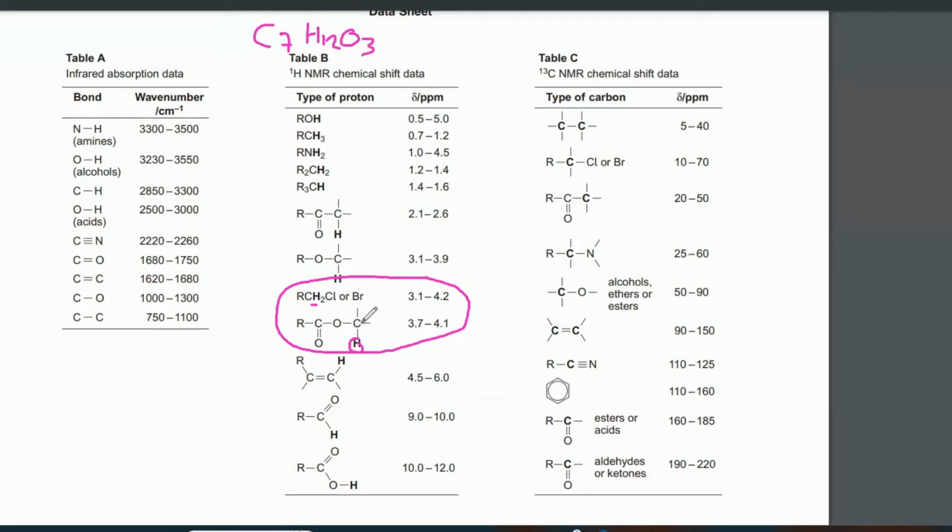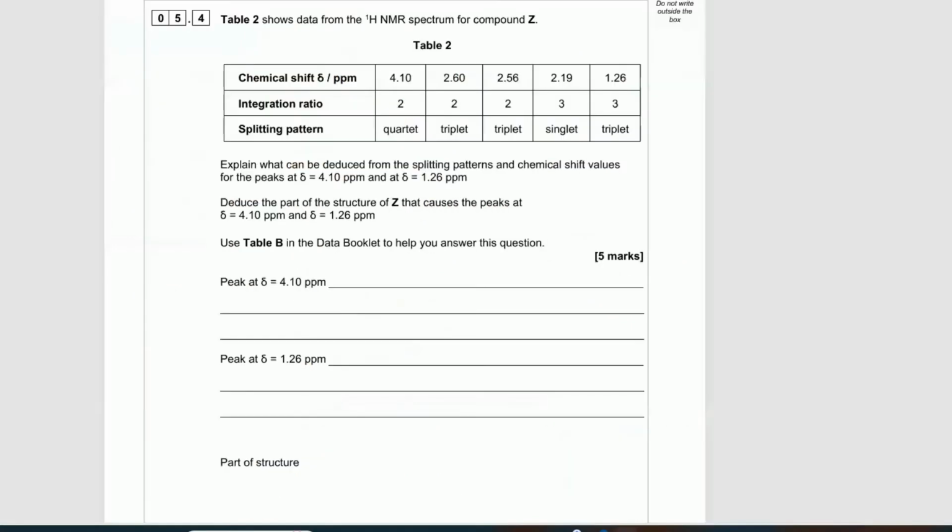There's no halogen there. So we definitely know that the group responsible for the 4.10 chemical shift is this one here. All right, let's go back, put that on our answer, and then we'll check the rest of it out. Okay, so we want to say there's an ester link at 4.10 from chemical shift.